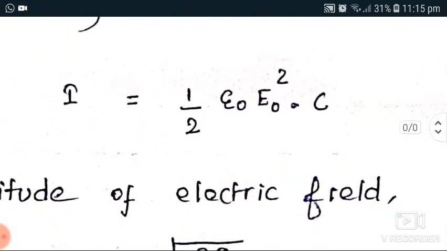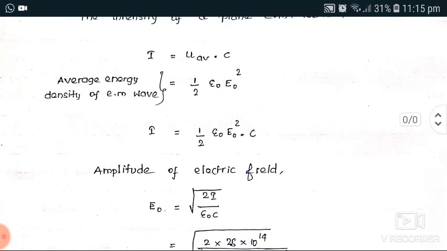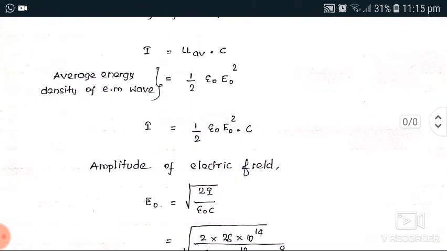This is the intensity of a plane electromagnetic wave.